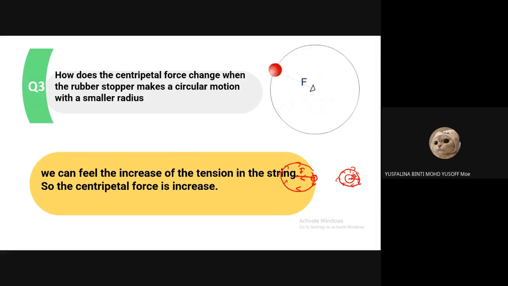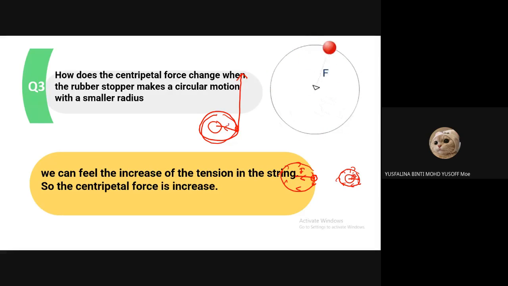So let's say what happens when there is no centripetal force. If you rotate with no centripetal force, the object will move... let's say you cut the rope. What happens to the object? The object will move in a straight line like this, because there is no centripetal force acting on it to make it rotate in circular motion.